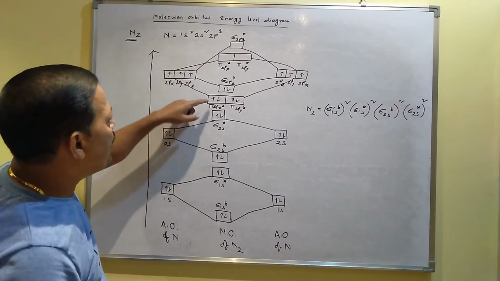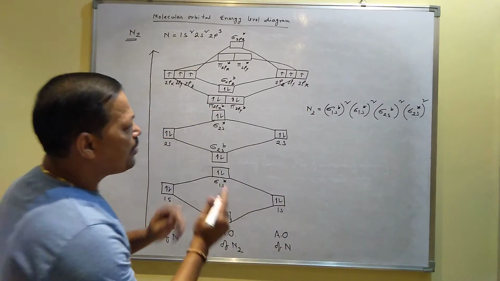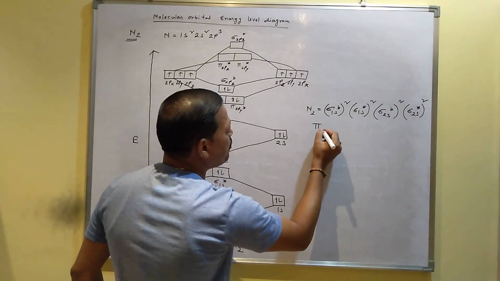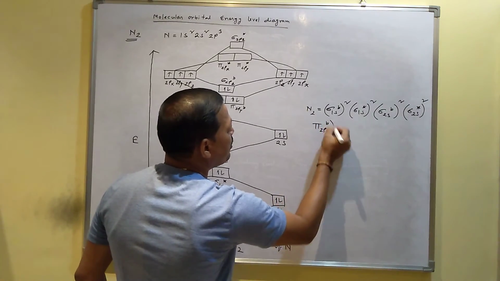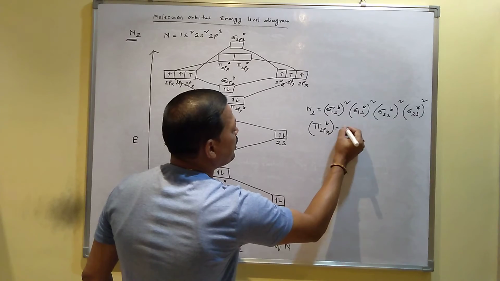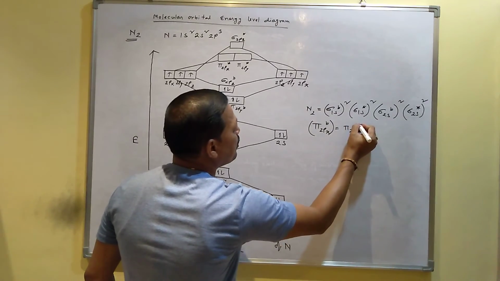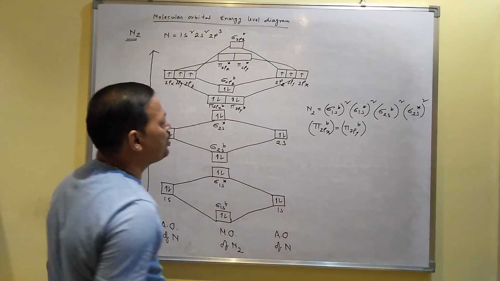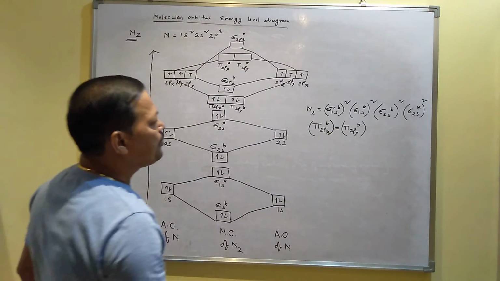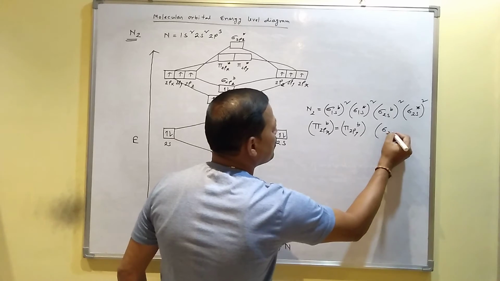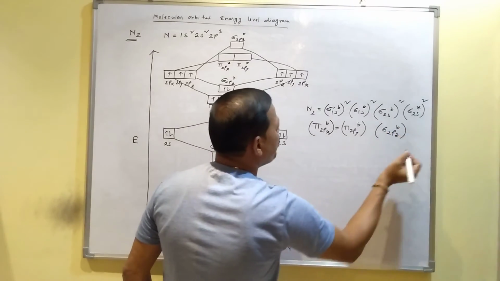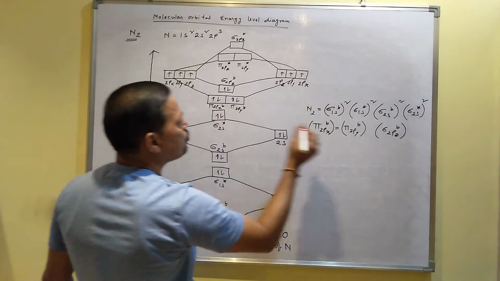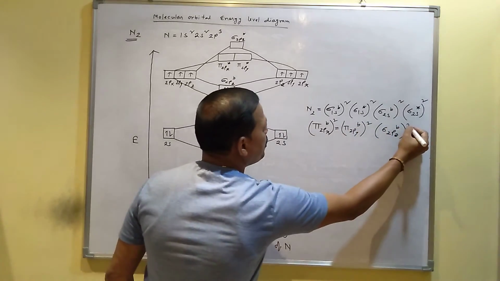After that, what orbitals? Pi 2px and pi 2py. They have equal energy, that's why you have to put an equal sign: pi 2px bonding equals pi 2py bonding. They have equal energy, that's why I put an equal sign between them. After that sigma 2pz bonding, all contain 2 electrons, 2 here, 2 here, 2 here.